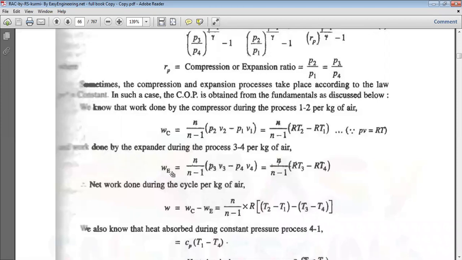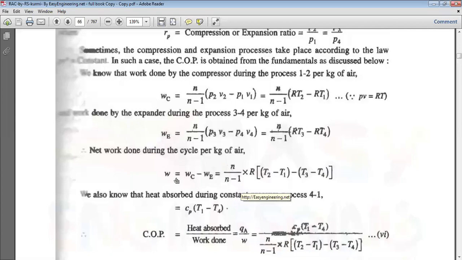Work output from the expander is n by n minus 1 into input minus output. Input is the third condition, output is the fourth: P3 V3 minus P4 V4. P3 V3 can be written as RT3 and P4 V4 as RT4. Therefore, n by n minus 1 into R into T3 minus T4. Net work input is equal to compressor work input minus expander work output.